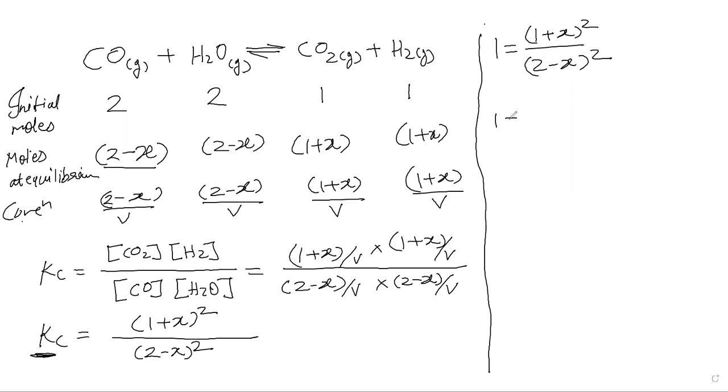You get 1 is equal to 1 plus X divided by 2 minus X. So we get 1 plus X is equal to 2 minus X. So 2X is equal to 3. Therefore, X is equal to 3 by 2.